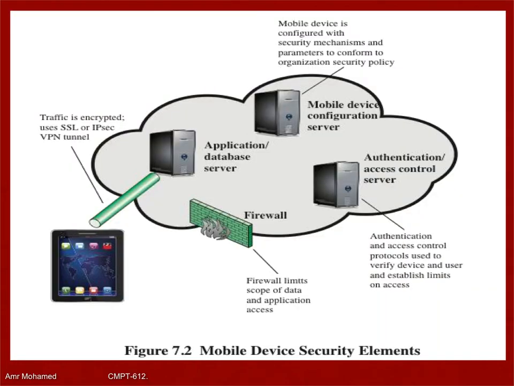So this is the mobile device elements. As we said, we have to provide different types of security mechanisms in each of these components. For example, this is the wireless device that we need to protect from physical attacks and so on. We need to maintain antivirus. We need to maintain some security levels on it.